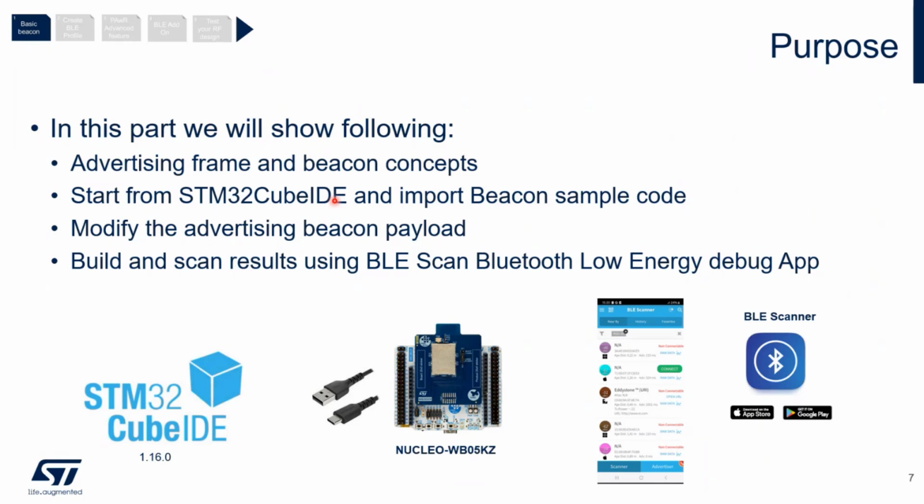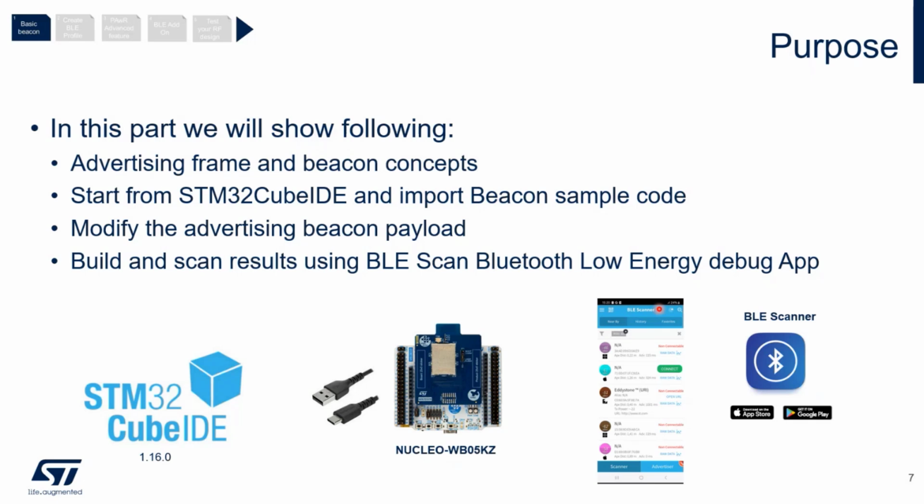In order to play with it, you will need the STM32CubeIDE 1.16 release, the one supporting the WB0. You will need as well a debug BLE application on your smartphone, and here we will use BLE Scanner. Of course, we have in-house a powerful debug application named ST BLE Toolbox that Sebastian will use later on.